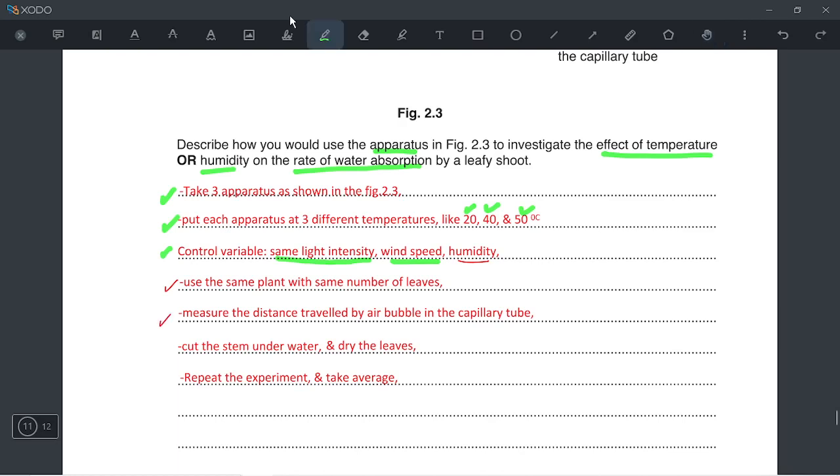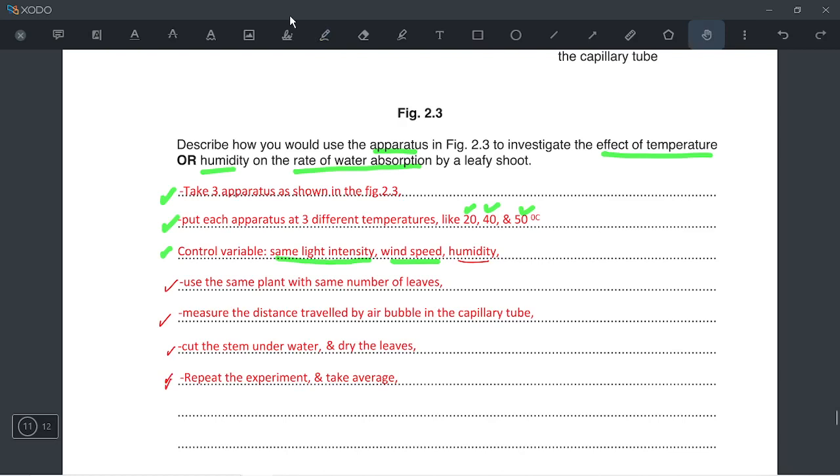Measure the distance traveled by the air bubble in the capillary tube, because that is already graduated. Cut the stem underwater, and this is mandatory. If you cut in the air, the air can enter and interfere with the absorption. Cut the stem underwater and dry the leaves. And this is more important: repeat the experiment and take the average.